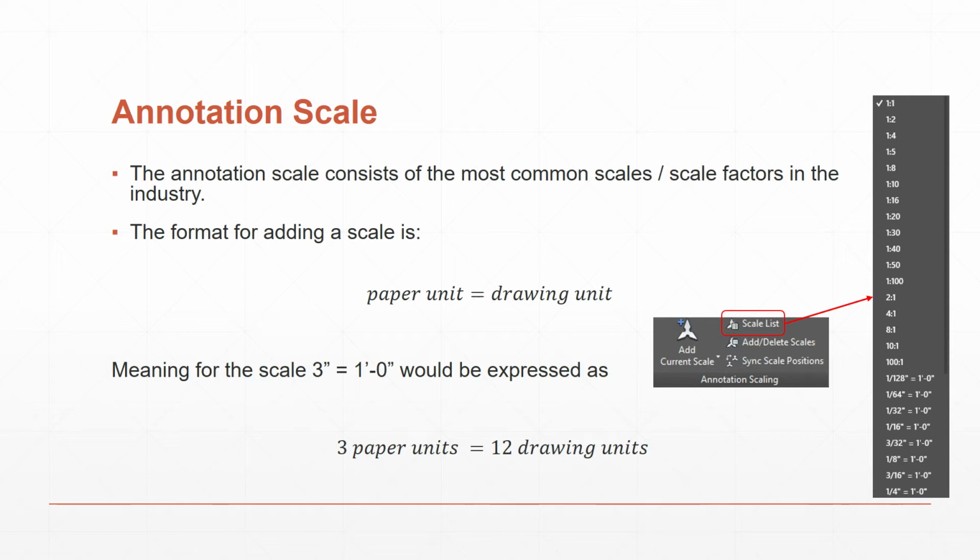When you go to make a customized one, it's going to ask you in paper units, and then it's going to ask you in drawing units. The one on the left side is going to be the paper units, and the one on the right side is going to be the drawing units, if that kind of makes any kind of sense. So that's just telling me that 3 units on my paper, or 3 whatever distance is on my paper, equals 12 units on the actual drawing.